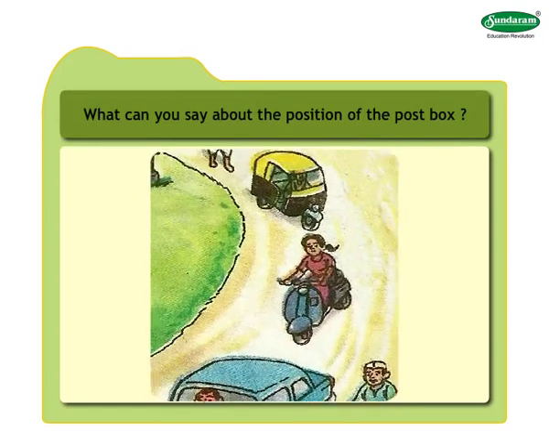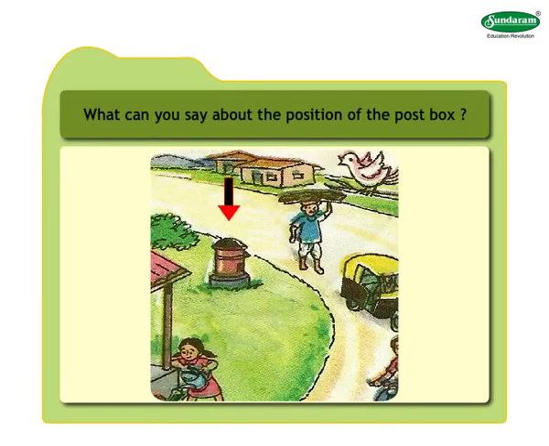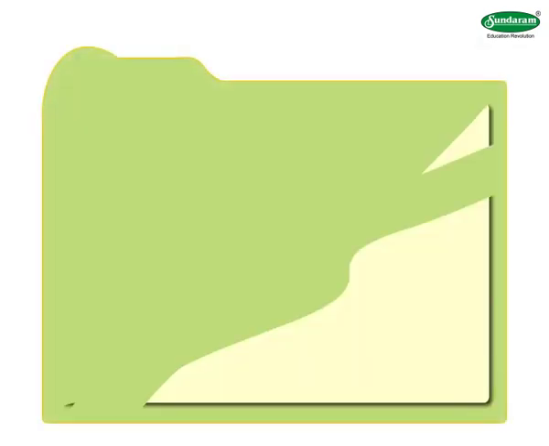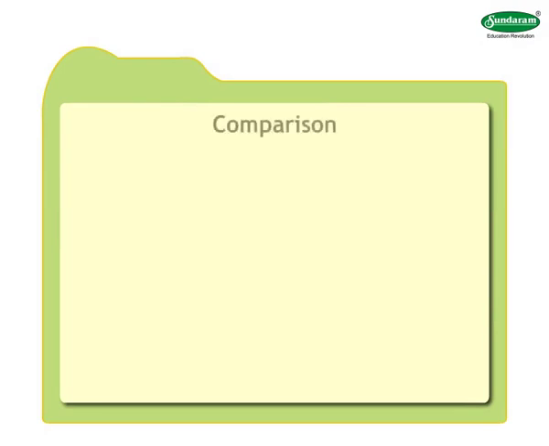What can you say about the position of the post box? Children, the post box is to the left of the man carrying the logs of wood. In the same way, you can talk about the position of different things looking at different pictures.